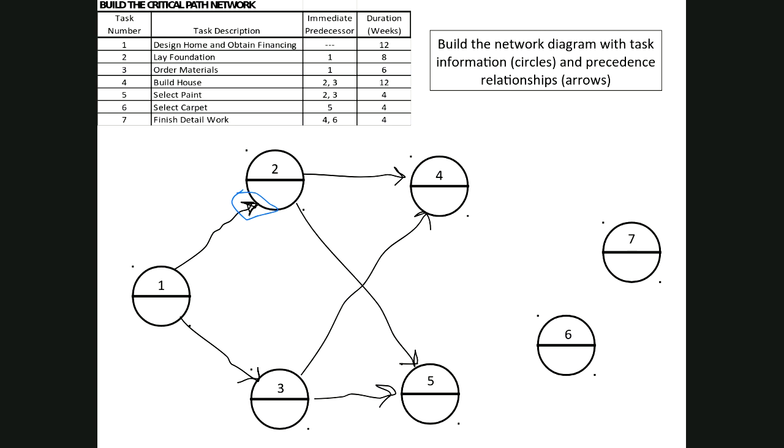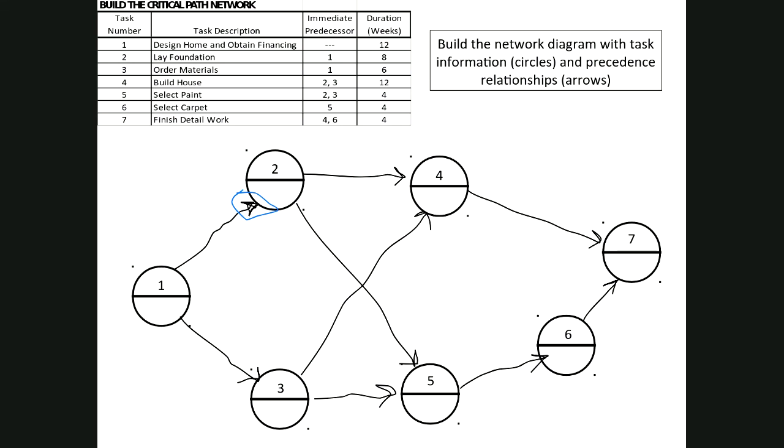And then task 6 is preceded only by task 5. So this is our arrow to task 6. And then task 7 is preceded by both 4 and 6. So we're going to indicate that with an arrow from 4 and an arrow from 6. And this completes our precedence relationships.